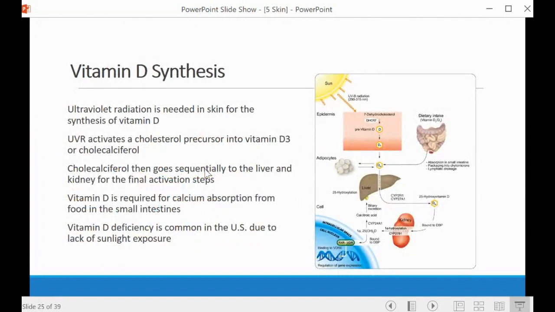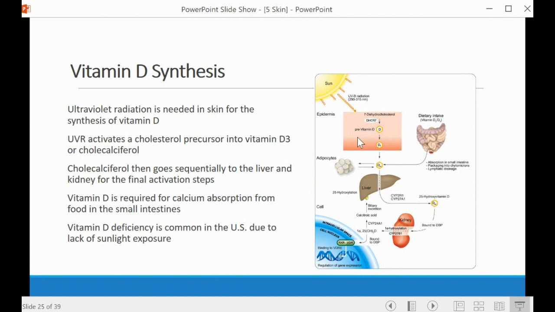Okay. So our skin is very important for vitamin D synthesis. And in the United States, there's very few areas, especially here on the East Coast where we live, where we actually get enough sunlight throughout the year to produce enough vitamin D for our bodies. Okay. But what happens is that we need to have the ultraviolet radiation for the skin to synthesize vitamin D. Okay.